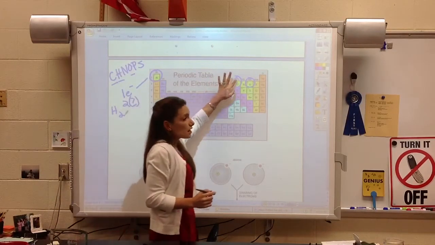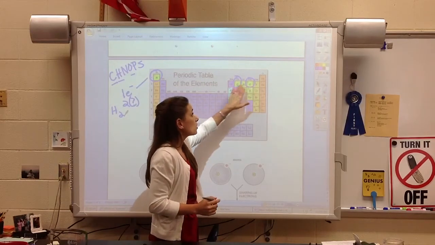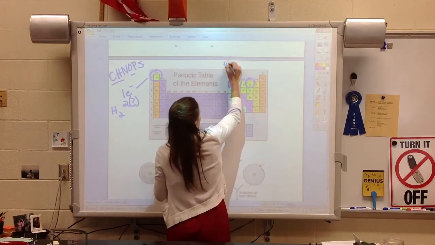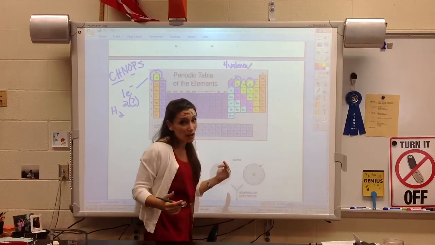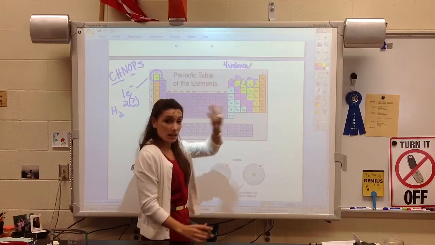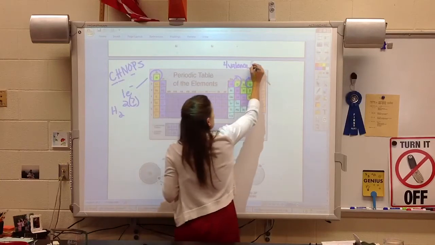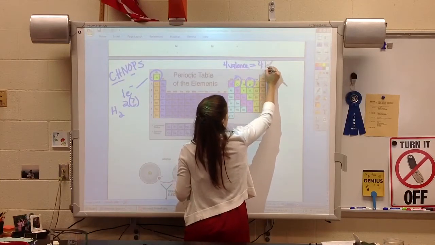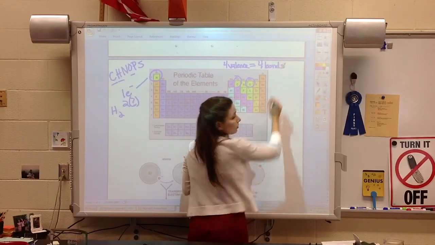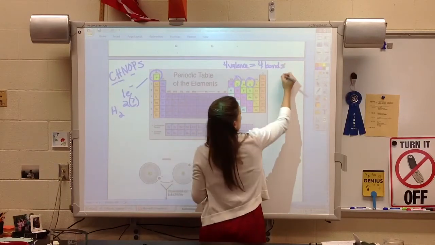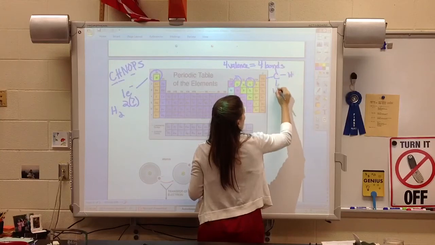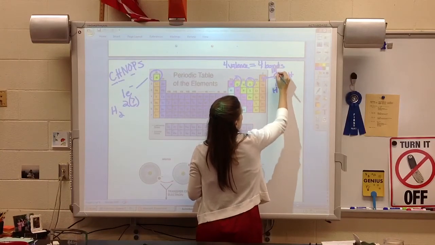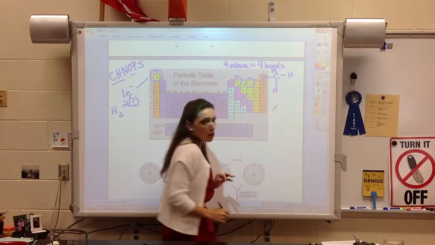Okay, then we see carbon and oxygen. Carbon has 4 valence electrons, which means it's halfway there, it's 4 away. It needs 4 more. Which means, what's really important, is that it's usually going to form 4 bonds. So for example, CH4. Each hydrogen is now sharing an electron with carbon.